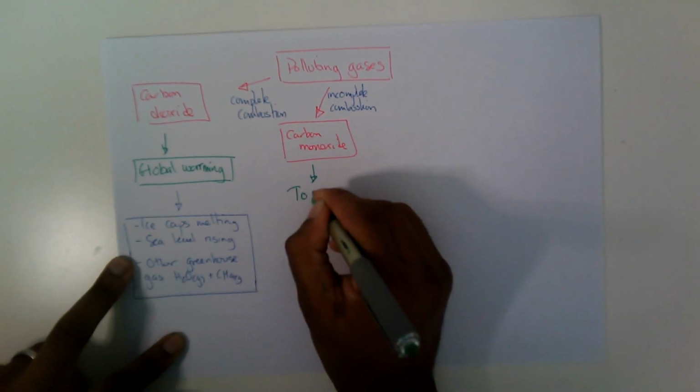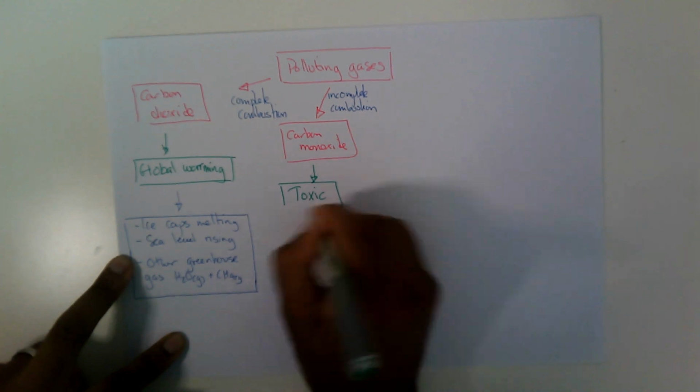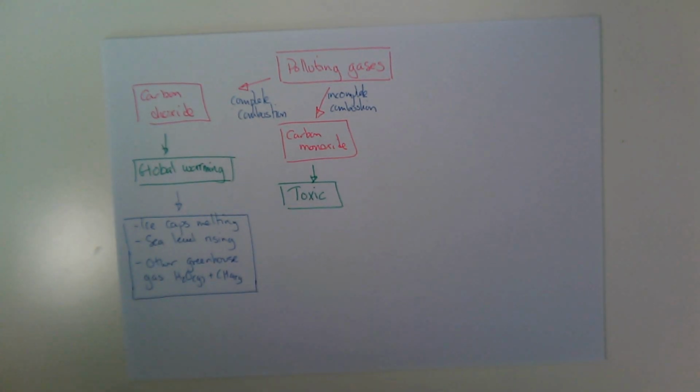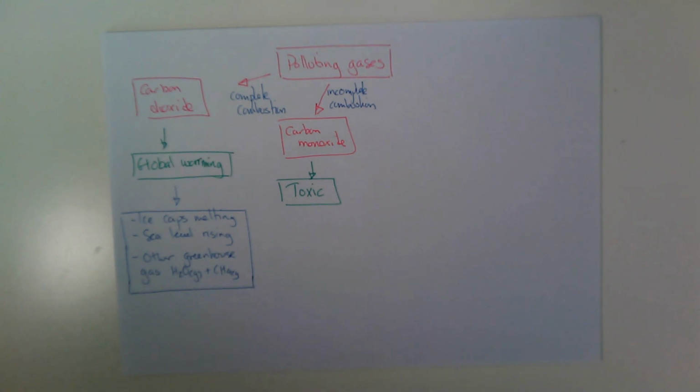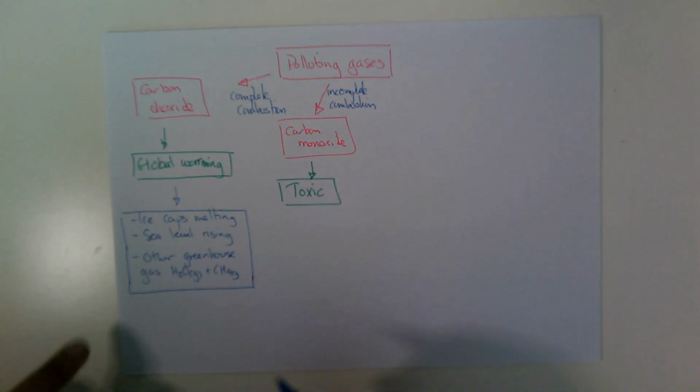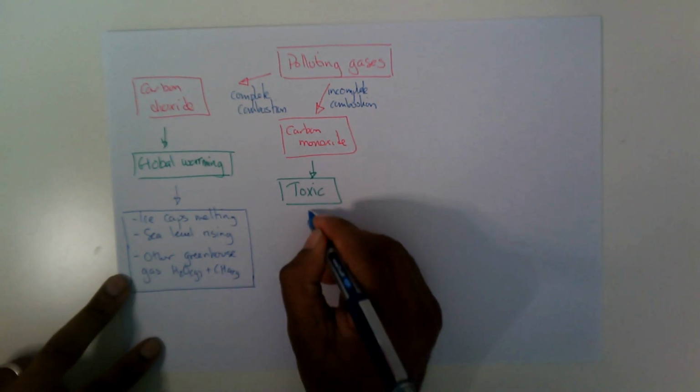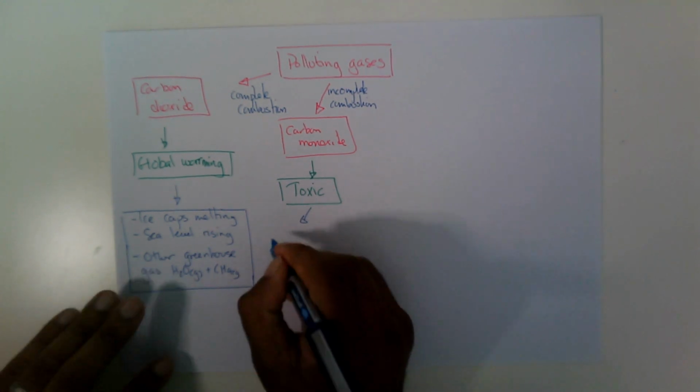The big issue with carbon monoxide is that it's highly toxic, which basically means it's poisonous. There may be questions where you have to give a bit more detail on how.